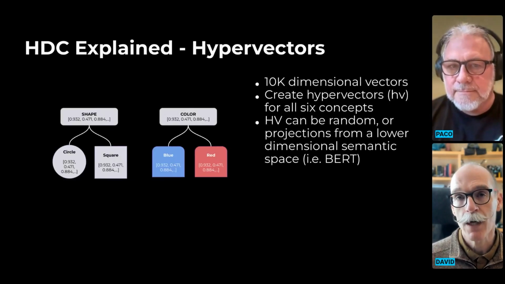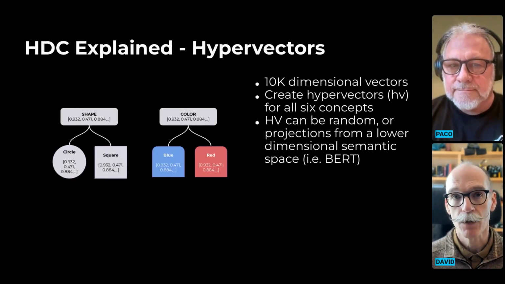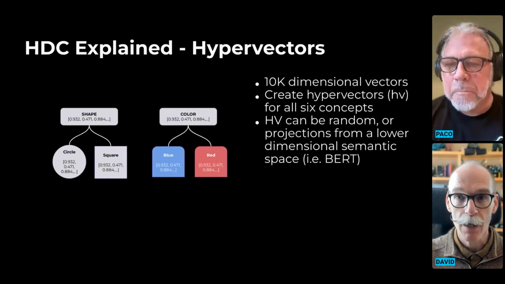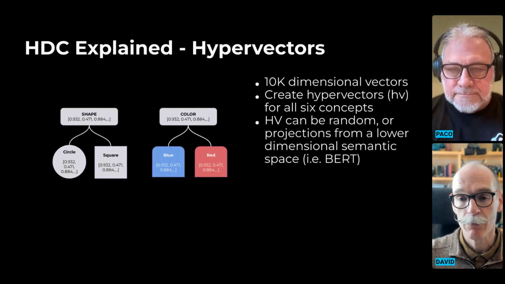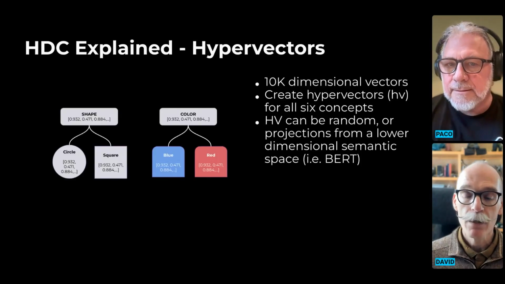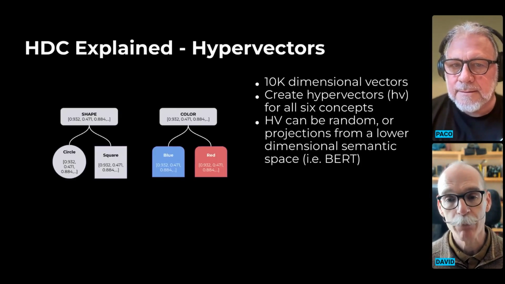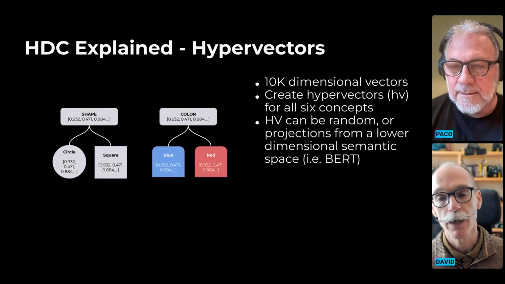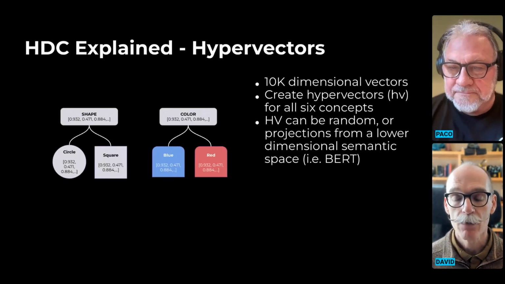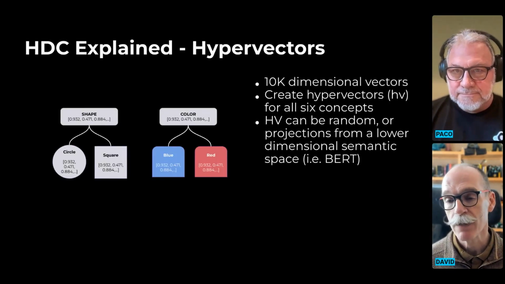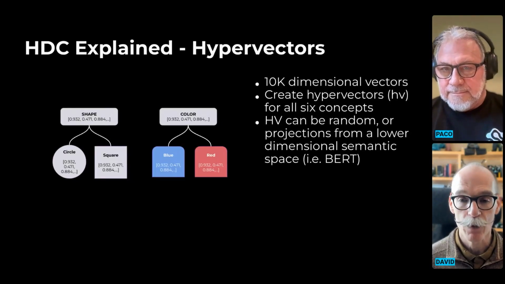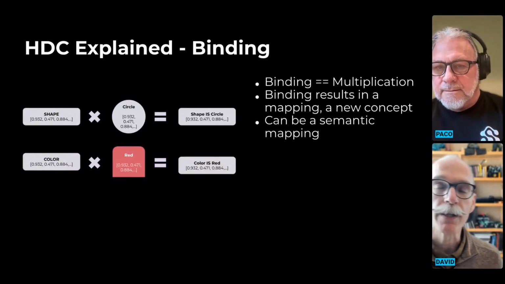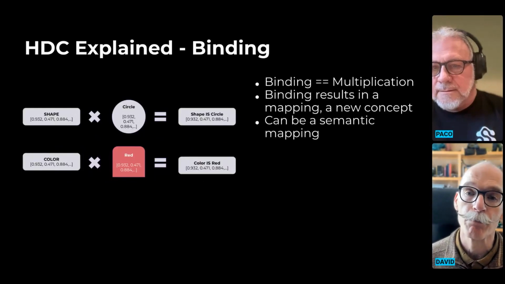Now, ultimately, we'll talk about how to do that semantically using projections from lower dimensions, things like BERT, up into higher dimensions, like a 10,000 dimensional space. But for now, you can just create a random hypervector for the word color, for shape, for circle, square, blue, and red. So now we have six randomly created hypervectors that are mapped to these words. Now, we can do the first operation you get in hyperdimensional computing called binding.